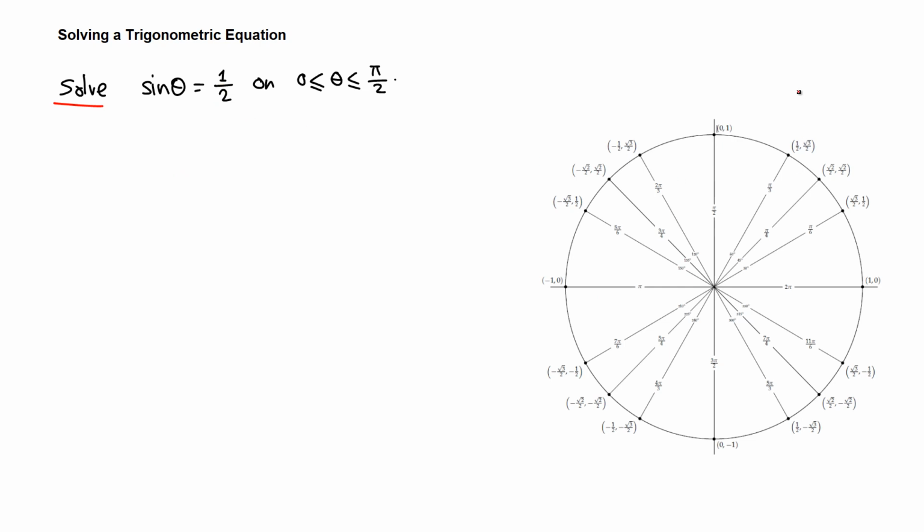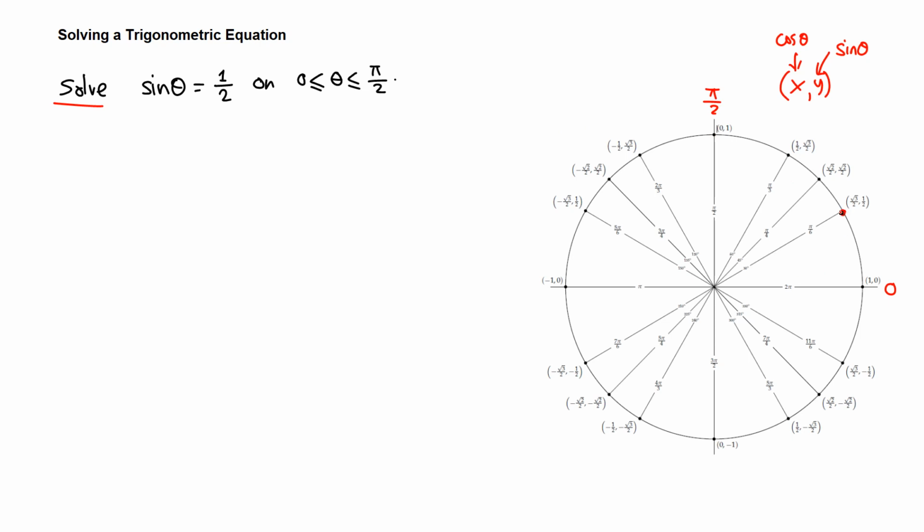As we know, these are x, y values on the unit circle, where x means cosine of the angle and y means sine of the angle, and we are looking at 0 through pi over 2. So this is 0 radians and this is pi over 2 or 90 degrees, and we want to find the y coordinate 1/2.